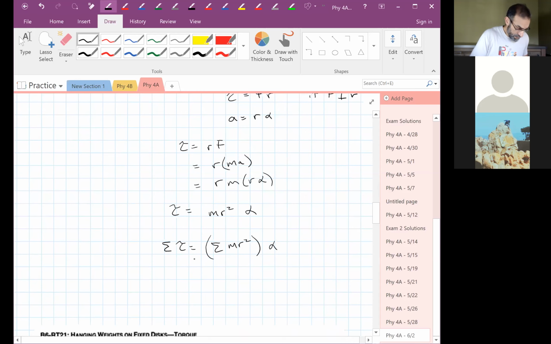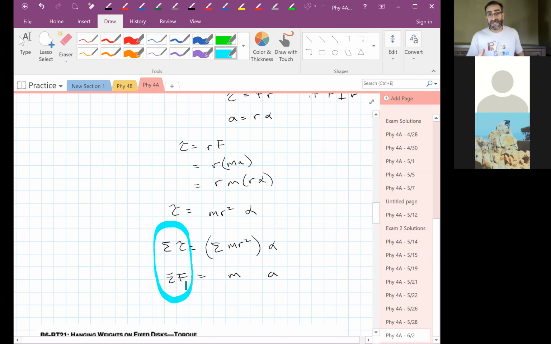And we compare this to our F equals ma equation. Instead of a net force, we're going to use a net torque acting on the system.